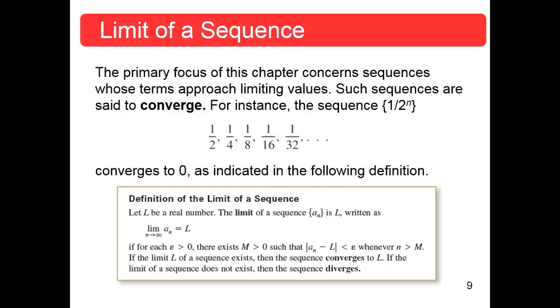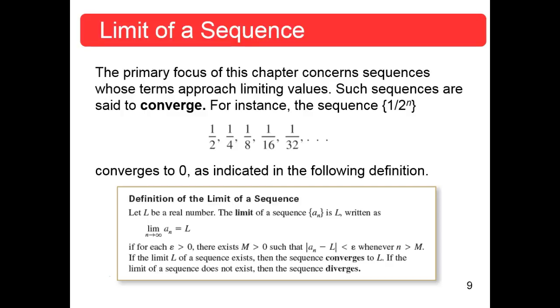For every epsilon greater than 0, there exists some, now it's no longer a delta, some capital M greater than 0, such that the absolute value of A sub n minus L is always going to be less than that epsilon, whenever n is greater than M.